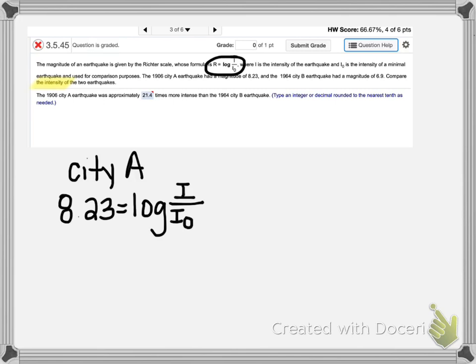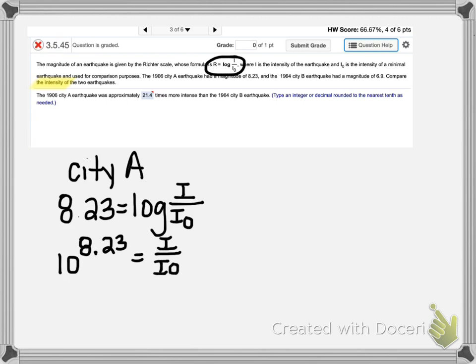Now, in order to solve for I, we need to convert it back to an exponential. This log doesn't have a base that we can see, so the base is automatically a 10 because it's a common log. So when I convert it, this is going to be a 10 raised to 8.23 equals I over I sub 0.